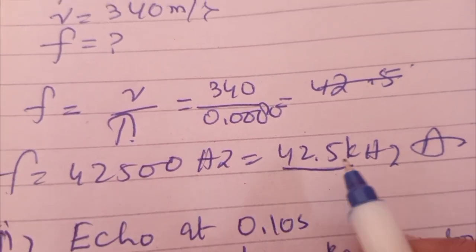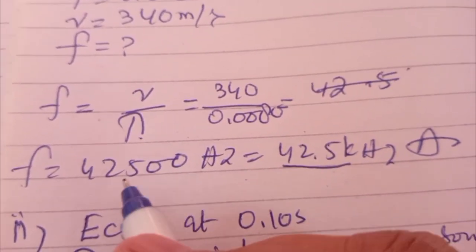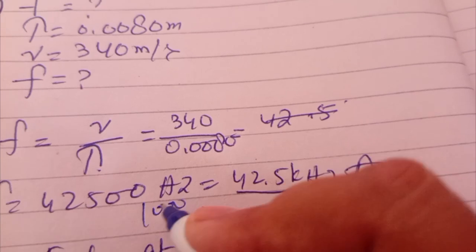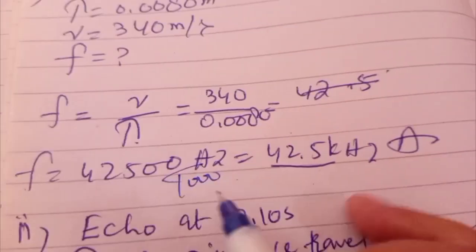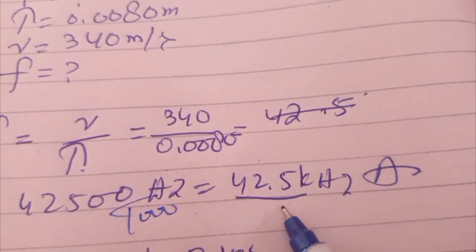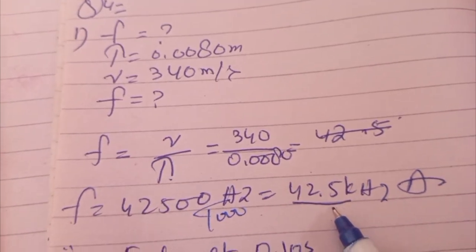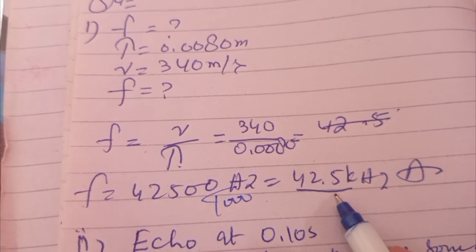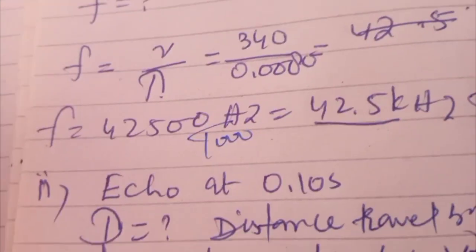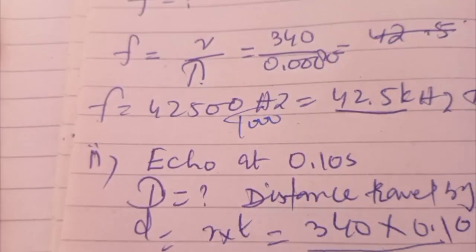But when you want to convert the same value into kilohertz, then you divide this value by 1000, and you will get 42.5 kilohertz. So the first part answer is 42.5 kilohertz or 42,500 hertz.